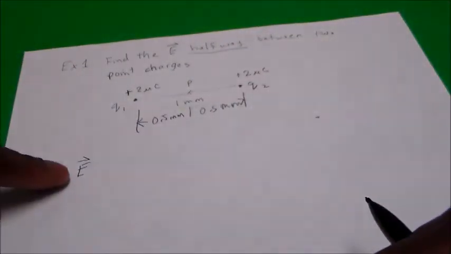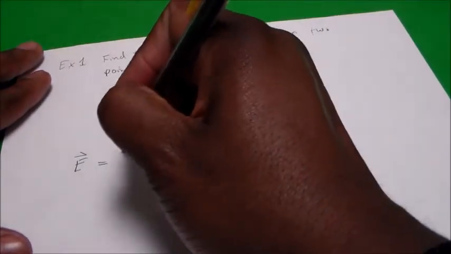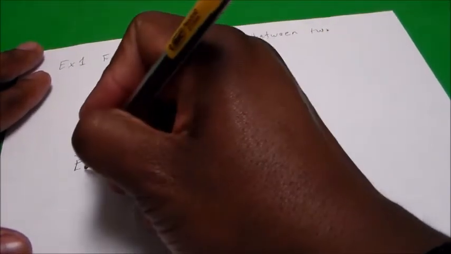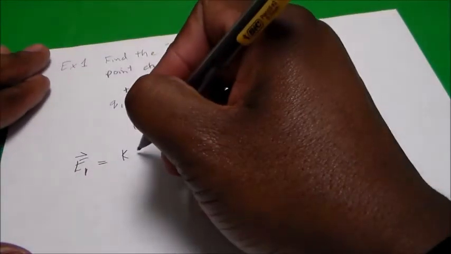In order to find the electric field halfway through there, and by the way, I'm going to put the vector sign up here to indicate that this is a vector, E is equal to K Q1 divided by R squared, and we're finding it first for charge number 1.